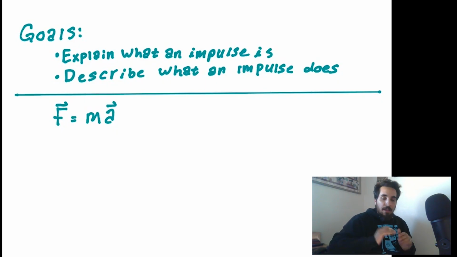So we have this F equals ma formula that we started with, and that was a really good first place to begin. But obviously this doesn't relate to momentum. This is just force and acceleration.